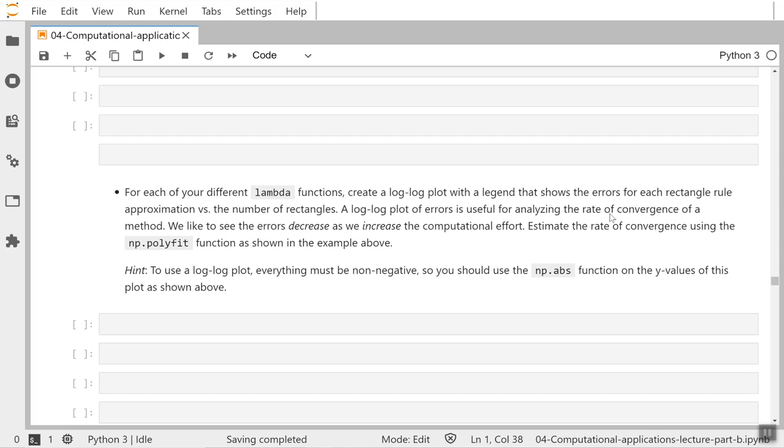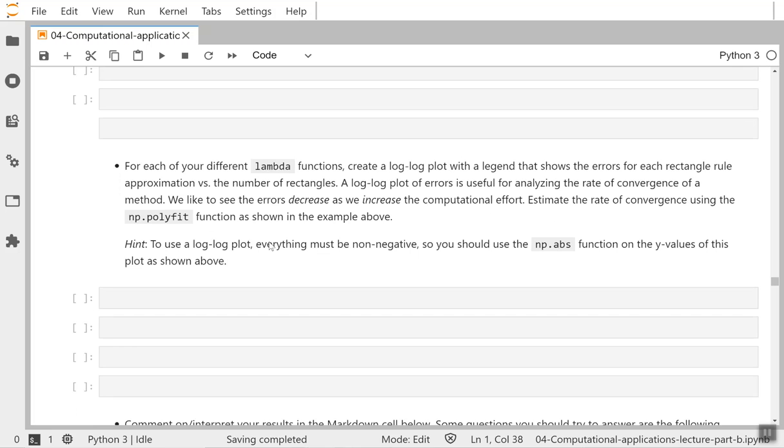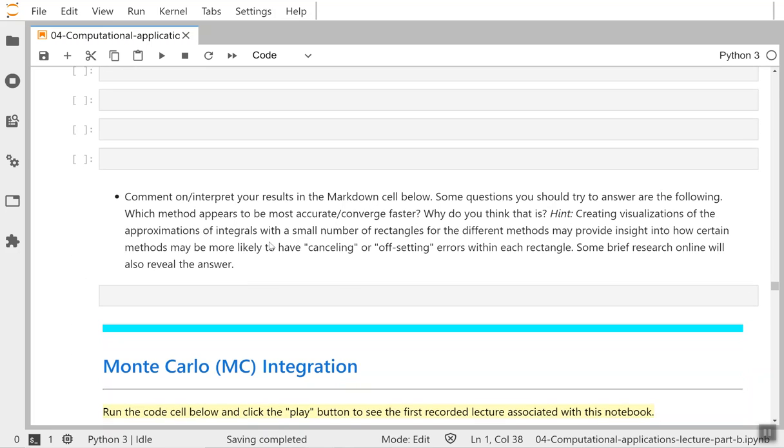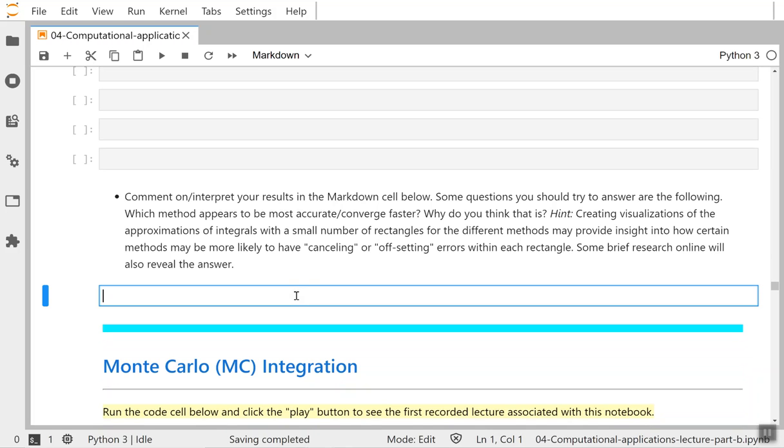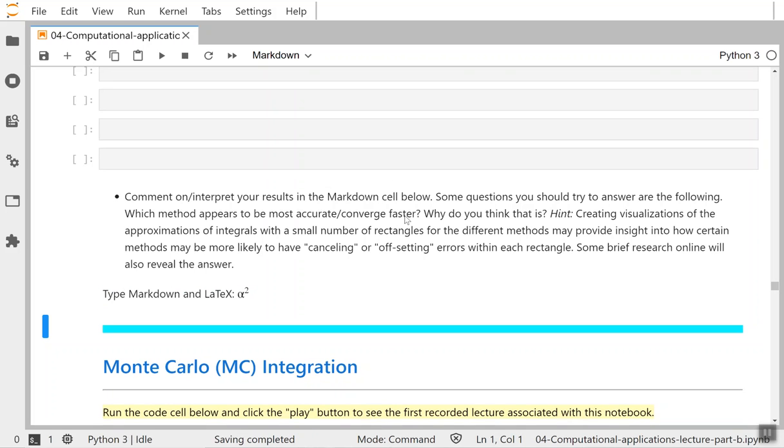And then you need to analyze the rate of convergence, and I want you to estimate the rate of convergence using the polyfit function as shown above. And then I want you to comment on and interpret your results in the markdown cell below. That would be this cell right here. Some questions you should try to answer are the following.